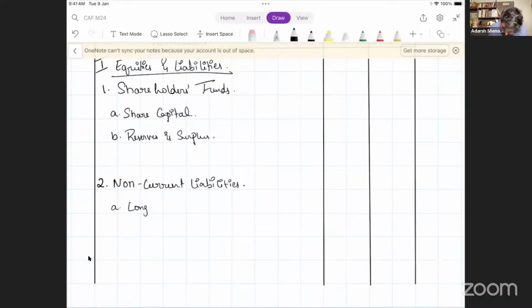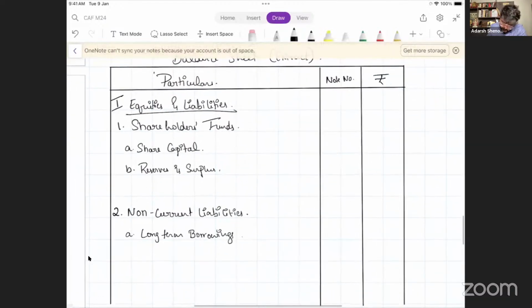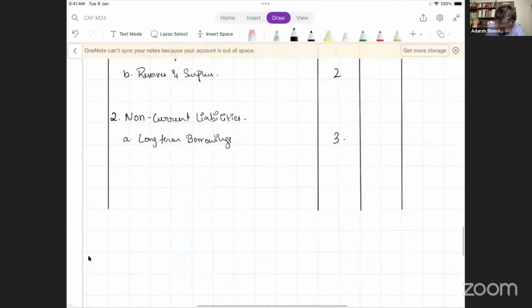Under non-current liabilities, it comes under long-term borrowings. We will write the notes for each one of these. Now, next we have to do the notes to accounts.